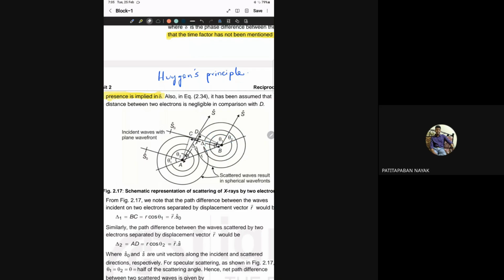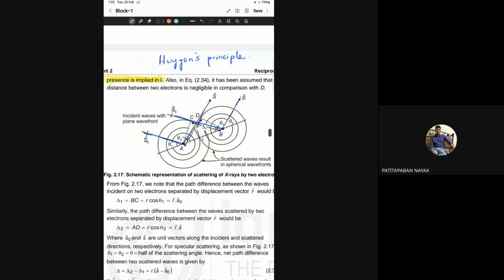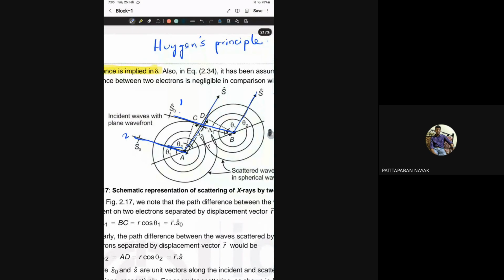After reflection from the first one, this is the incident and this is the reflected. So the path difference delta 1 between this one and the second one, let me call it 1 and 2, would be BC.